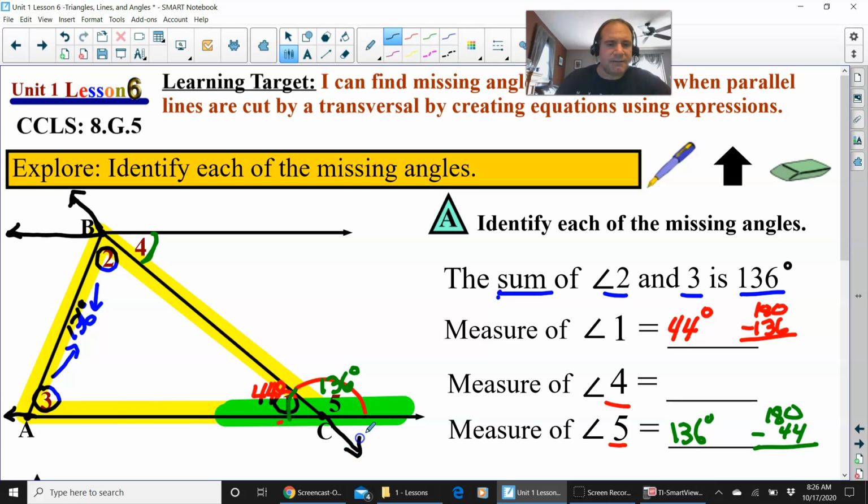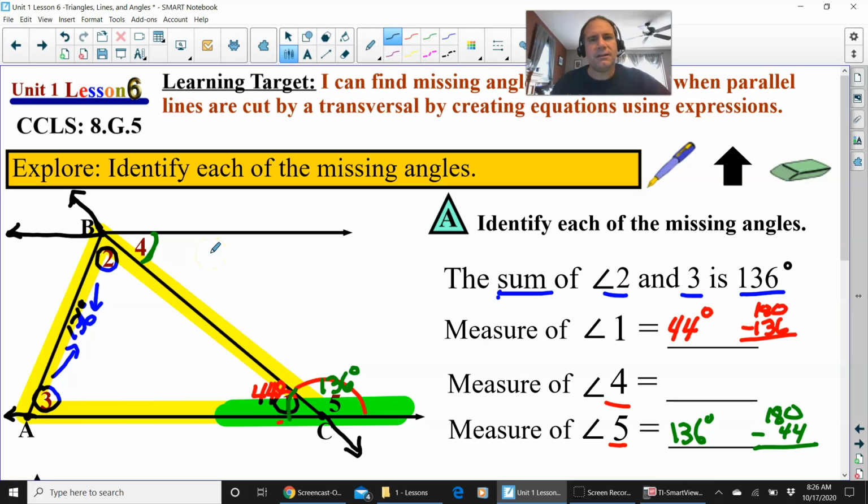That's exactly the figure that they always give. They give these parallel lines and then cut by a transversal right down that middle part right there. So if this is 44 degrees, what's this? Right across from it, across the transversal, inside the parallel lines.